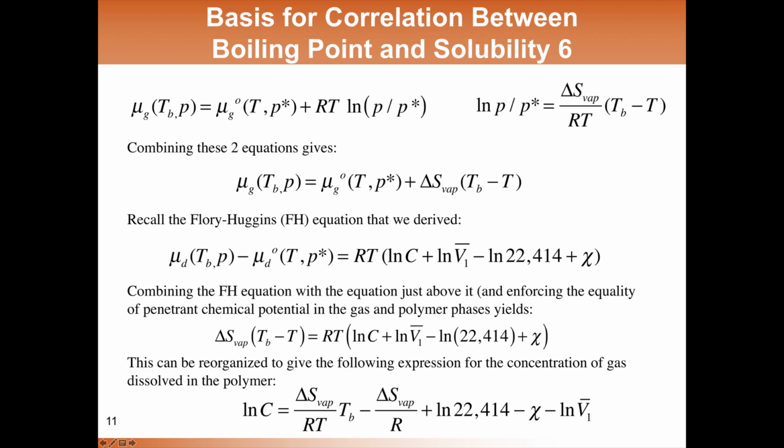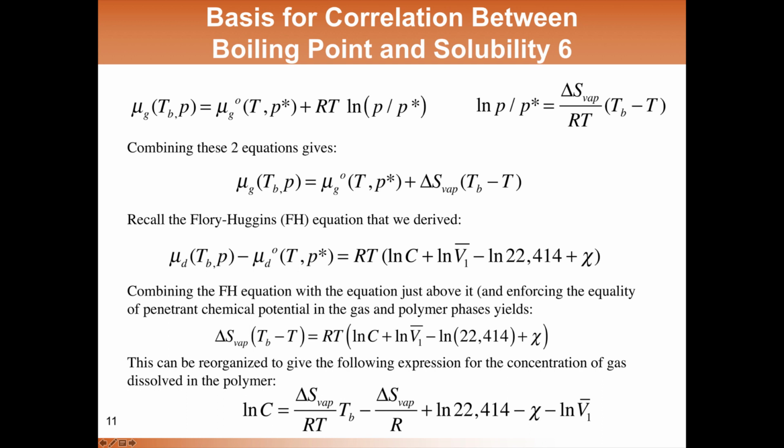We can isolate the expression for the concentration of gas in the polymer, and now we start to see that the log of the concentration can be written as a linear function of the boiling point.